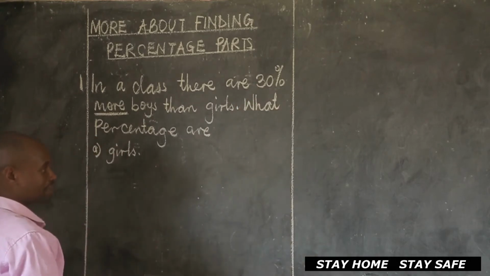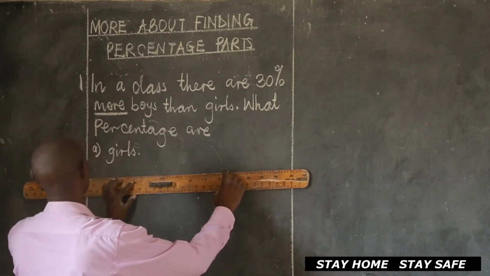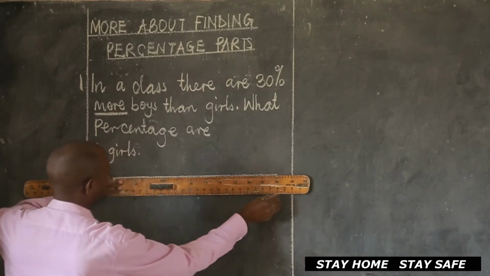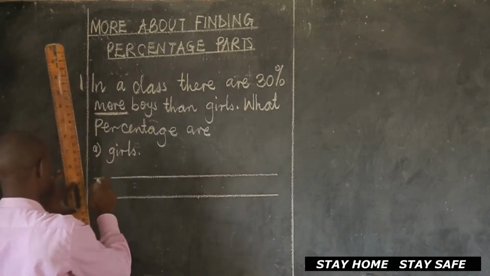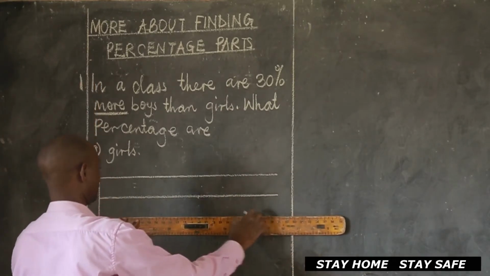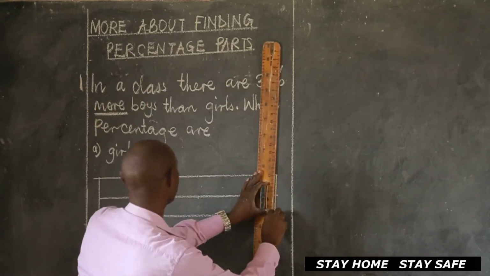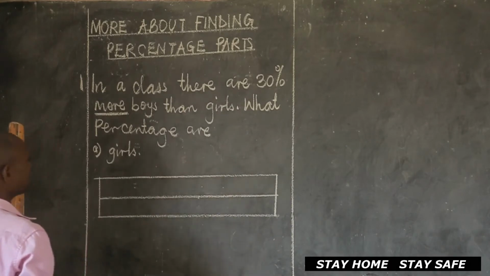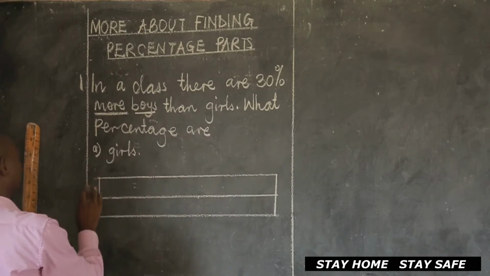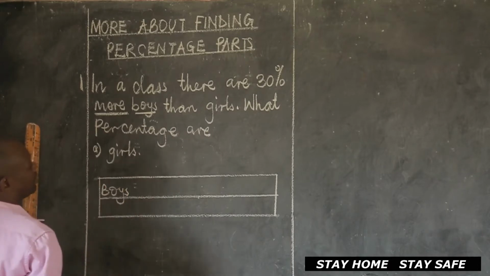So the best method we can use here is the equation. We are going to draw our solution table and put there what has been given. We have been given boys and girls. So in a class, there are 30% more boys than girls.